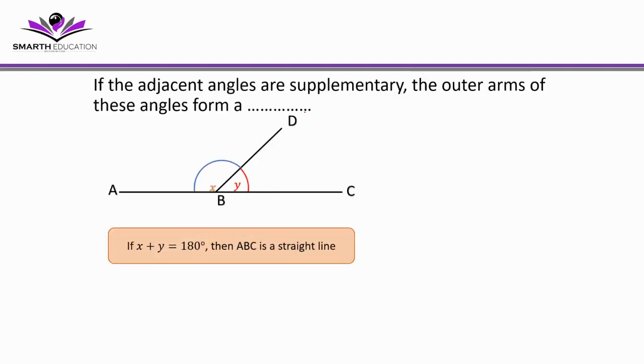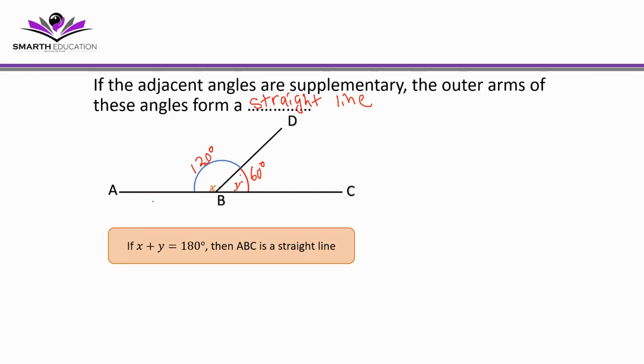If the adjacent angles are supplementary, the outer arms of the angles form a straight line. Let's say X and Y are supplementary, this one is 120 degrees and this one is 60 degrees. When we add these two, they give us 180 degrees.